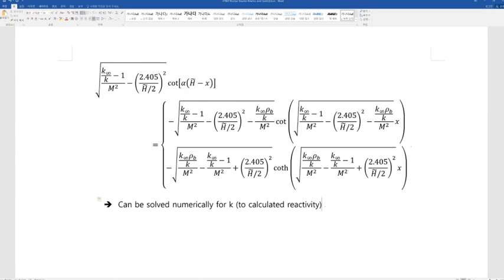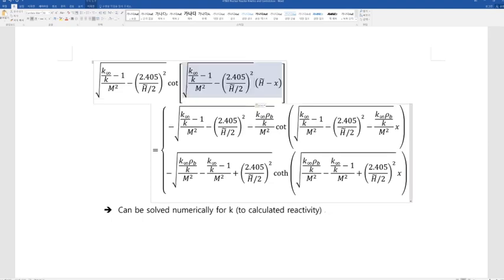So in the left and right hand side, let's assume that k infinity is known. M squared only depends on the composition of the reactor. And h tilde is, well, one thing that I missed is that instead of square alpha, we should place the square root of this part, which is alpha.